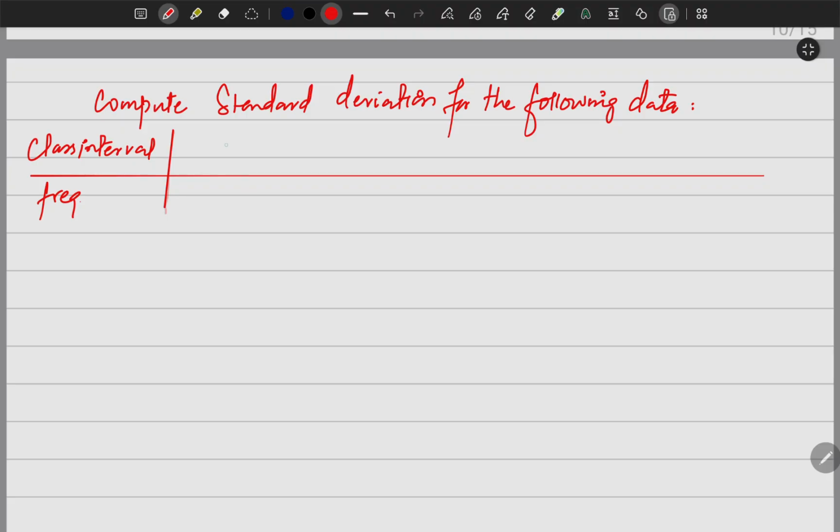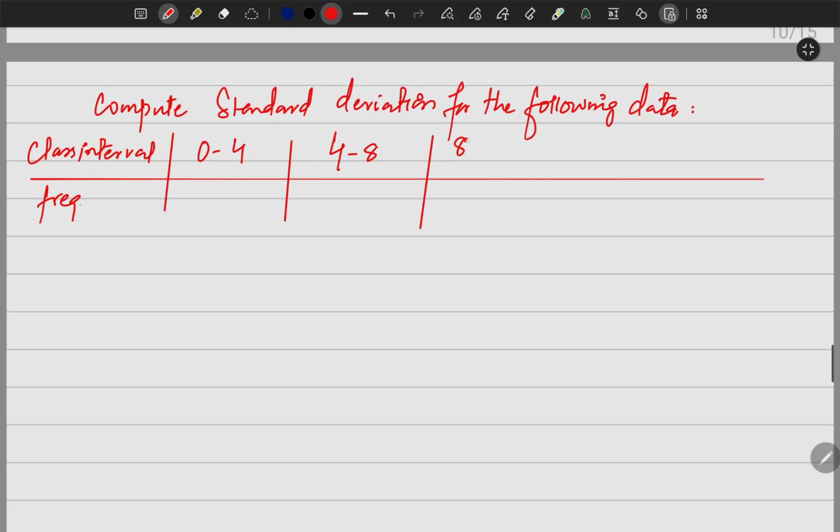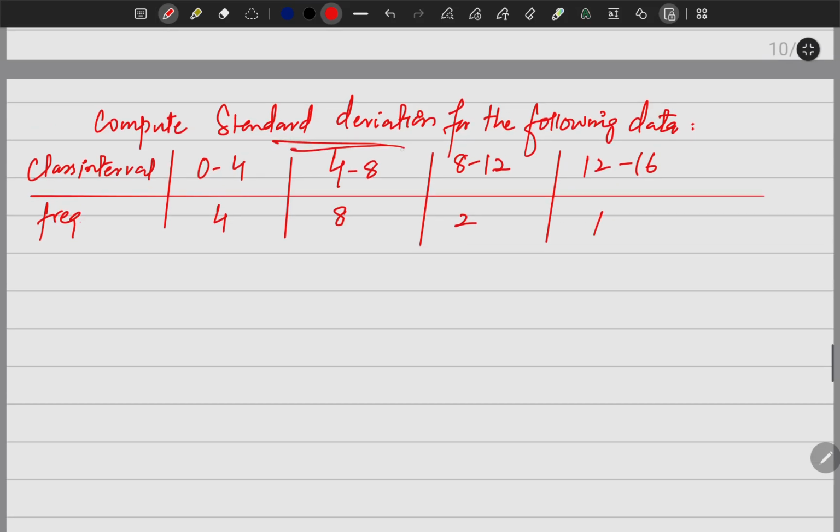So the class interval is 0 to 4, you have 4 to 8, you have 8 to 12, and you have 12 to 16. The frequency is 4, 8, 2, and 1. What you need? You have to find the standard deviation, so keep the formula in mind.